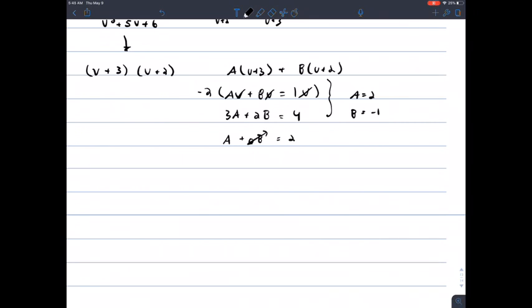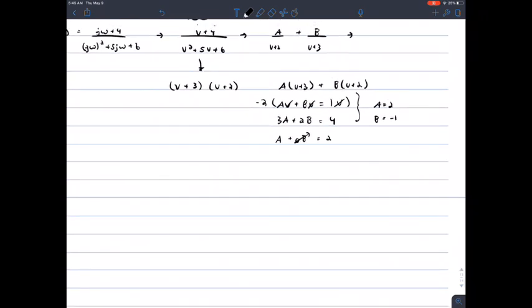Since A is equal to 2, you can plug it in and find that B is equal to -1. That's an easier way to solve that, okay?